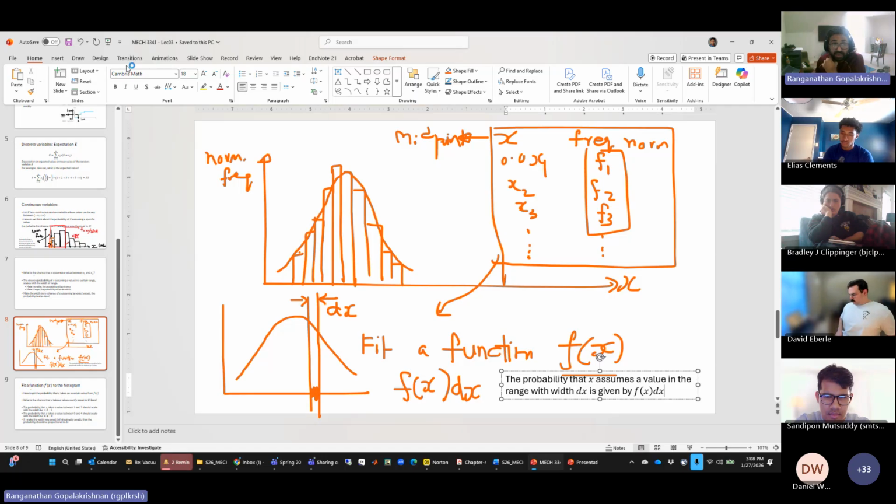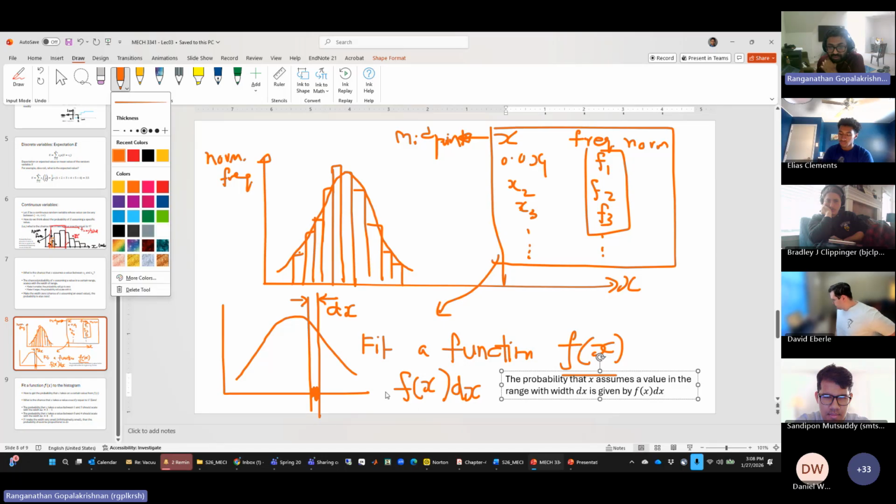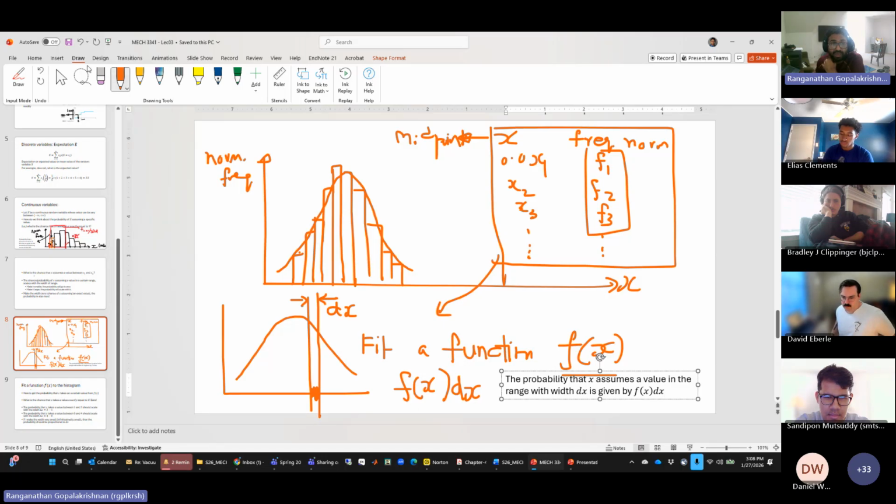This function is a density. You multiply the density with the volume, which in this case is a linear dimension, so it's just length. So density times volume gives you probability.